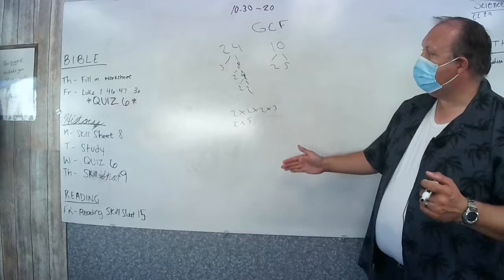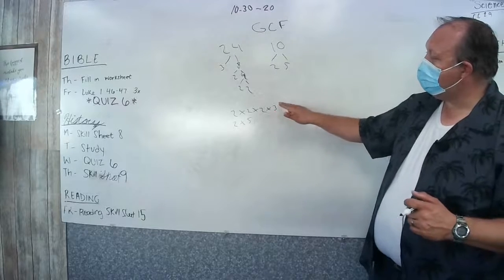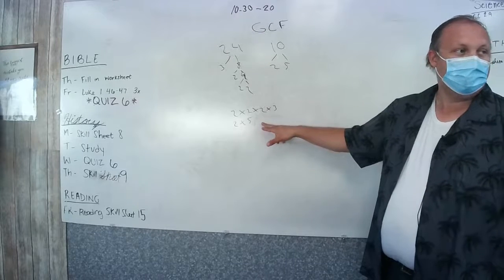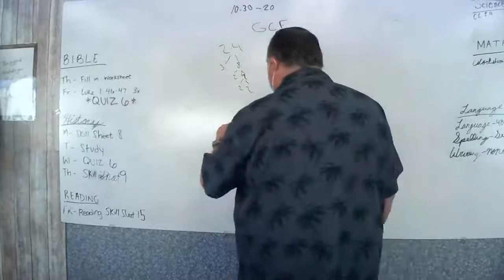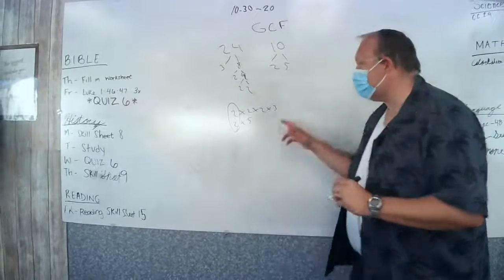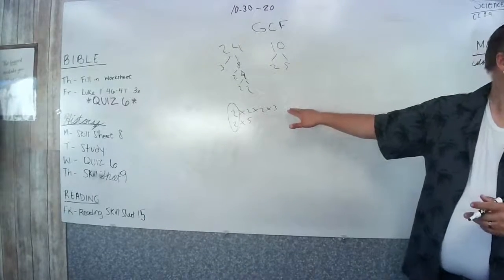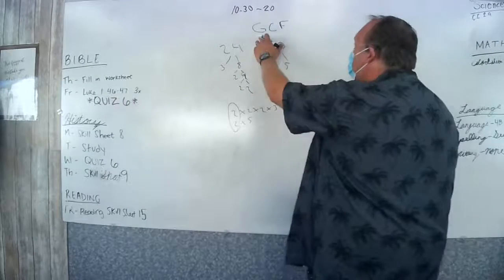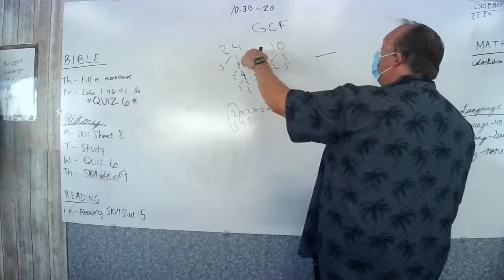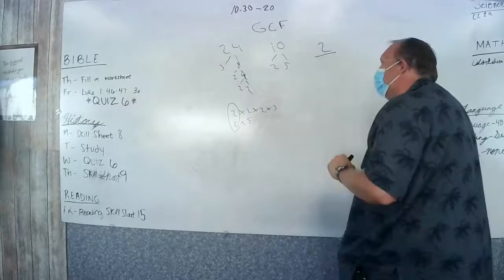So what factor appears in this row that appears also in this row? 2. Do we have anything else that's the same? No, we do not. So our greatest common factor for 24 and 10 is 2.